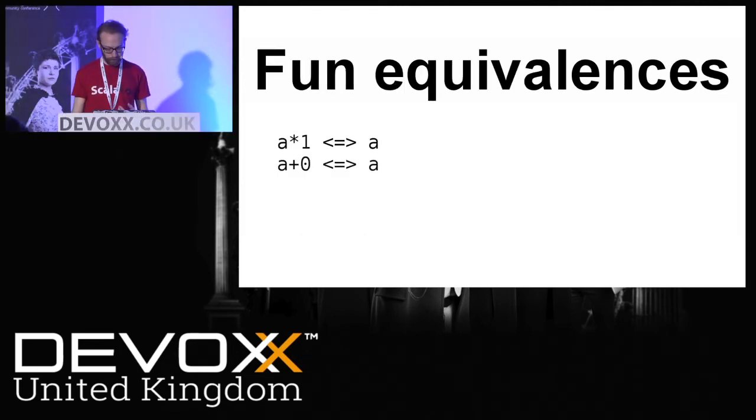And I'm coming back to the sum and product names because they behave in many ways exactly like addition and multiplication, and it gives rise to fun equivalences, and it's useful when you're designing your data types. For instance, we all know that if you multiply by 1, then you get the same value, and the same if you add 0 to a number.